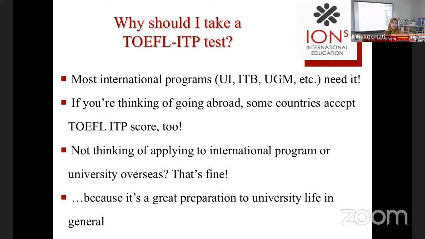English letters and also English education, pendidikan bahasa Inggris, you need to have a higher score to be safe. Ya, jadi misalnya you can target 500 atau 550. Oke, itu supaya aman, to be safe. Oke.